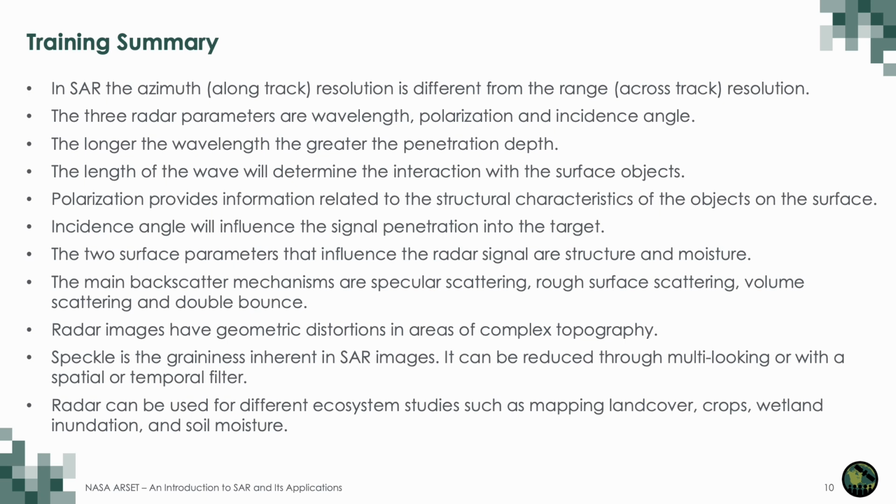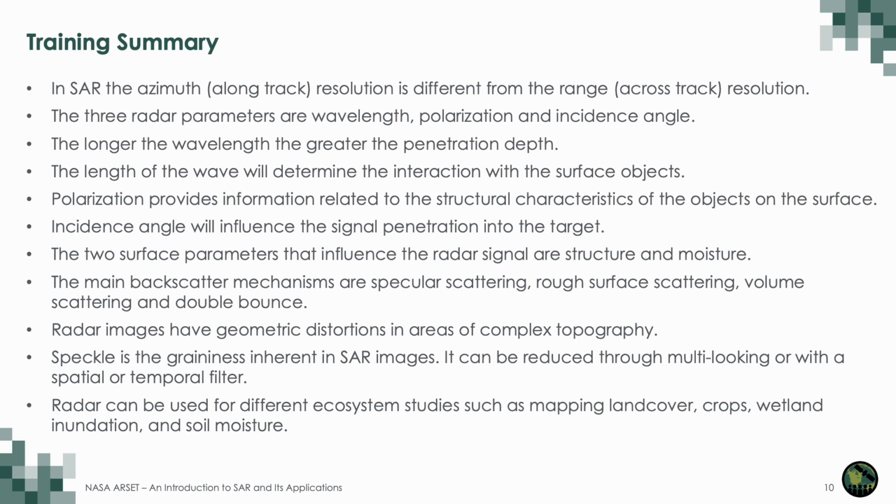Incidence angle will influence the signal penetration into the target. The two surface parameters that influence the radar signal are structure and moisture. And the main backscatter mechanisms are specular scattering, rough surface scattering, volume scattering, and double bounce. Radar images have geometric distortions in areas of complex topography, which you need to correct for.